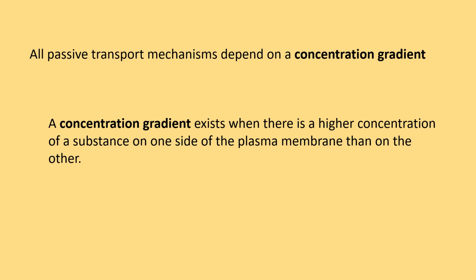In order to understand all transport mechanisms, really, we need to start with a review of concentration gradients. If we're looking at the plasma membrane as a barrier between two different solutions, intracellular and extracellular, we say a concentration gradient exists when for a given solute, a given substance, there's a higher concentration on one side of the membrane and a lower concentration of that substance on the other side of the membrane.